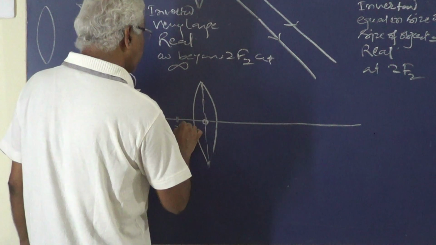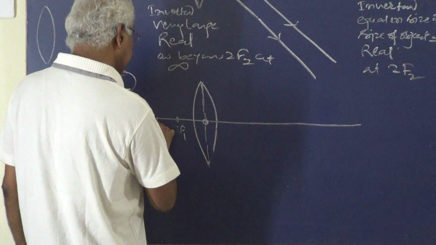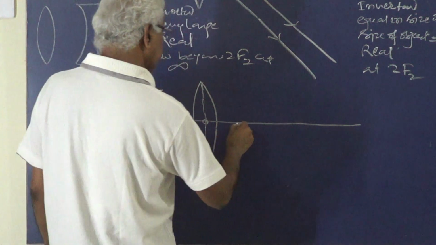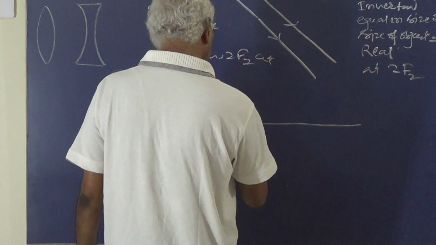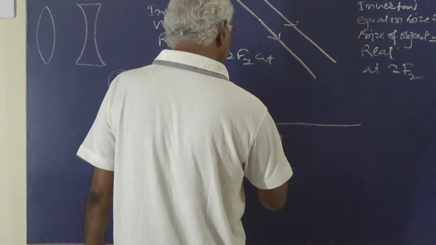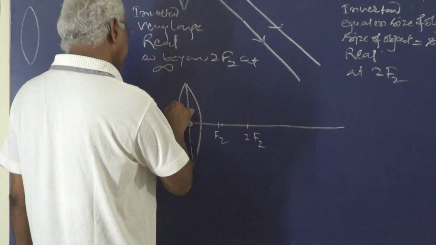Here is F1 and 2F1, and here F2 and 2F2. The object is here.